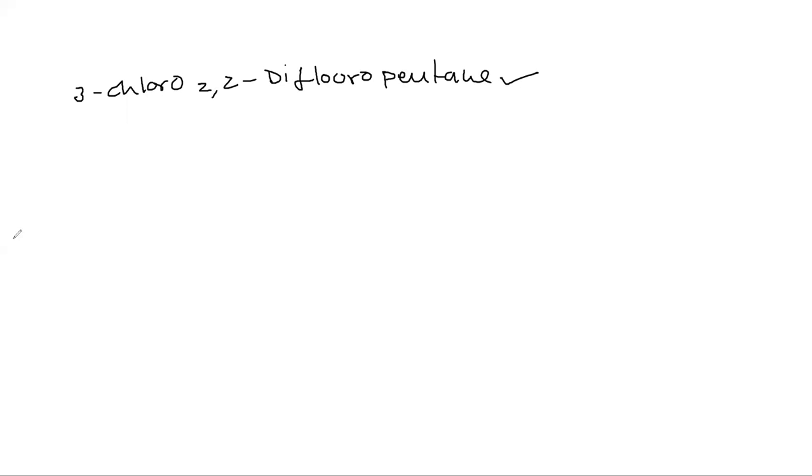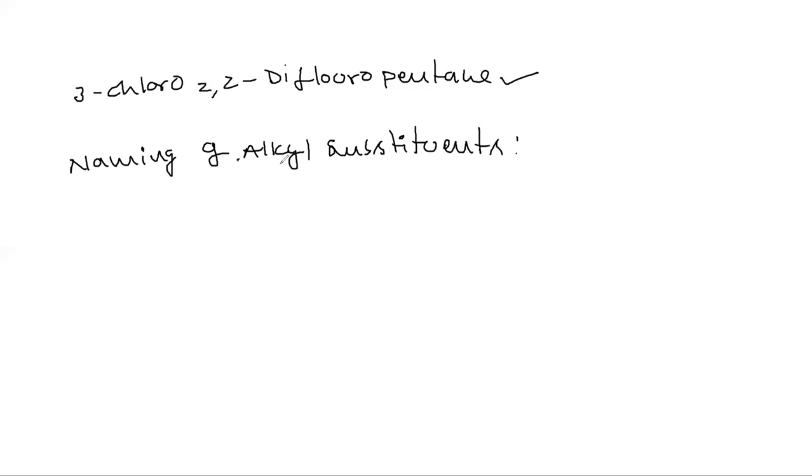So how can you name the alkyl substituents? The next topic is naming of alkyl substituents. What is meant by alkyl? For example, if you remove a hydrogen from an alkane, then you can name it as alkyl.